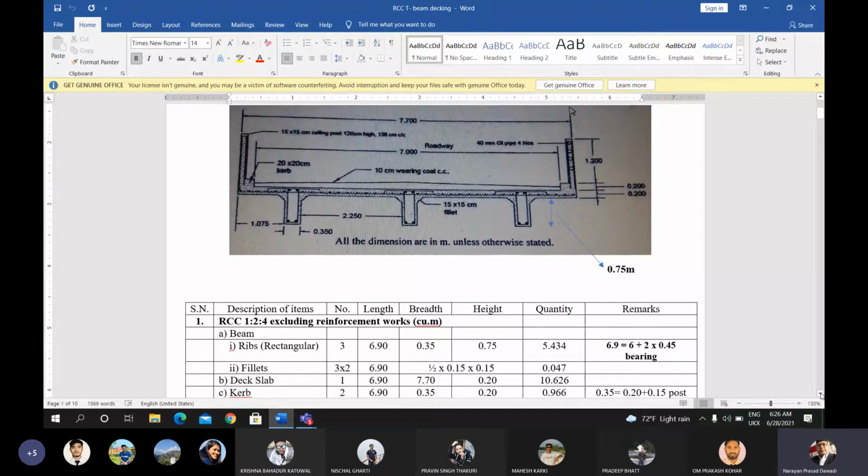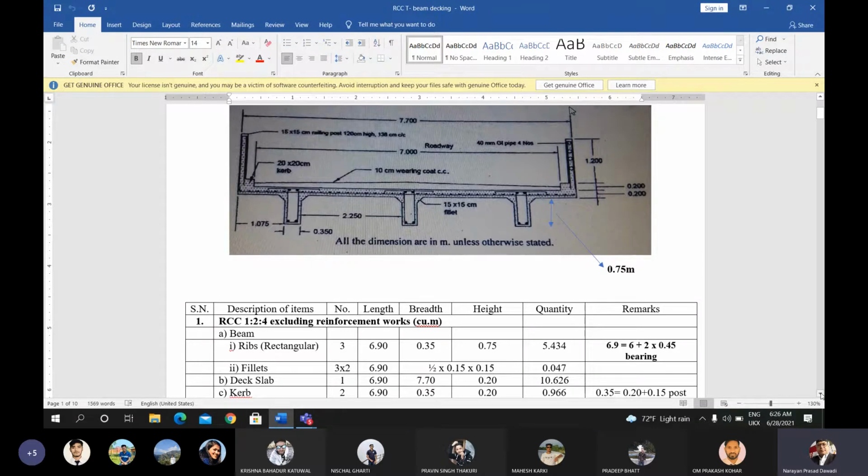Now there is a curb portion, given as 20 by 20, above the deck slab. At the side of the deck slab there is the railing post. The railing post size is 15 by 15, that is 15 centimeter width and 15 centimeter length, and the height is 1.20 meter.